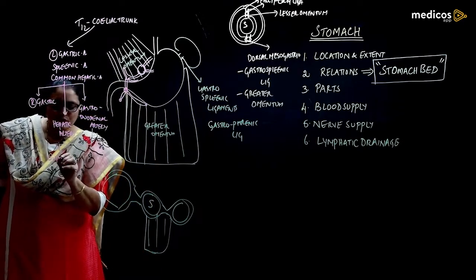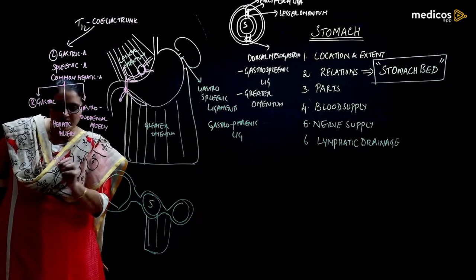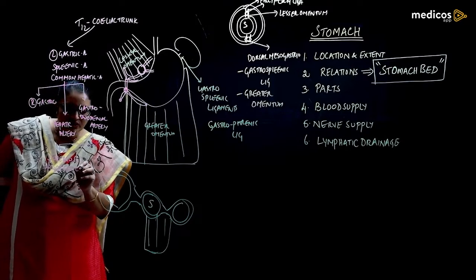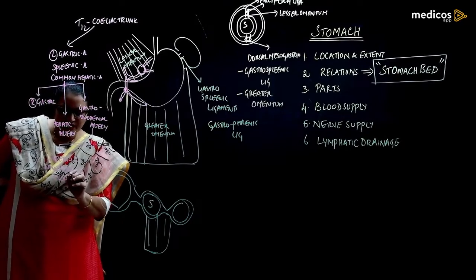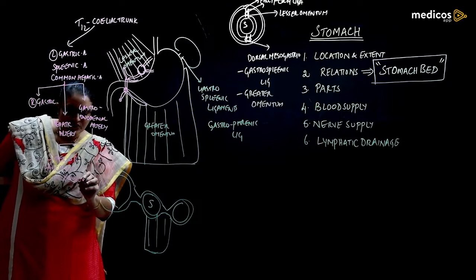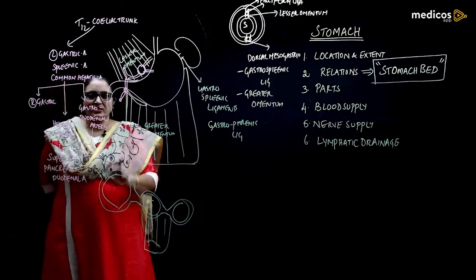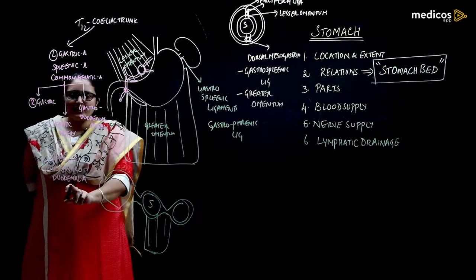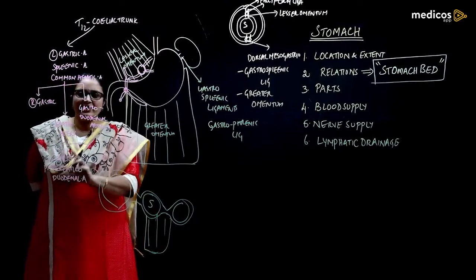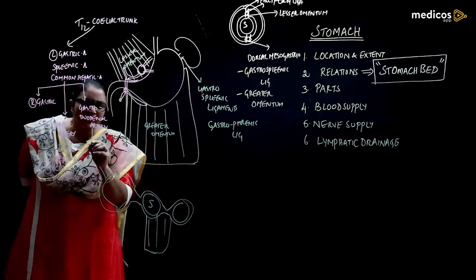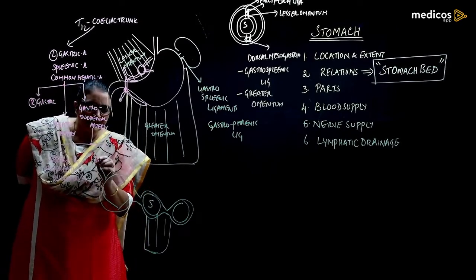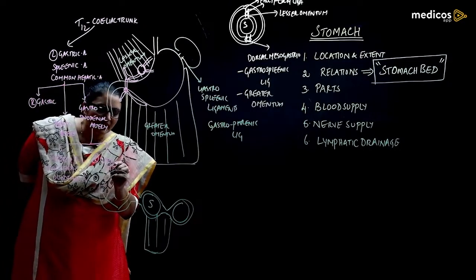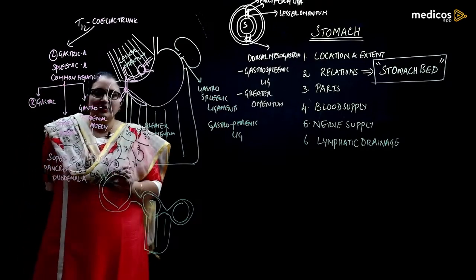One is the superior pancreaticoduodenal artery. As the name indicates, gastroduodenal relates to the stomach and duodenum, and superior pancreaticoduodenal relates to the pancreas and the duodenum. And the other is the right gastroepiploic artery.